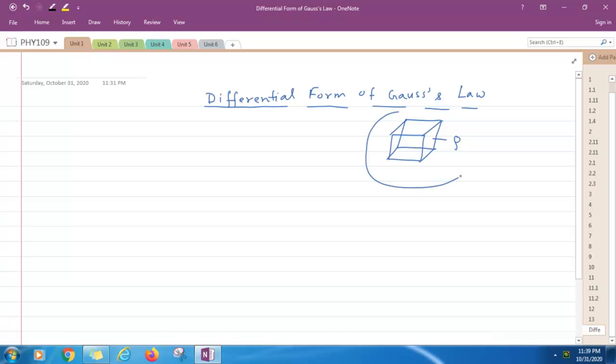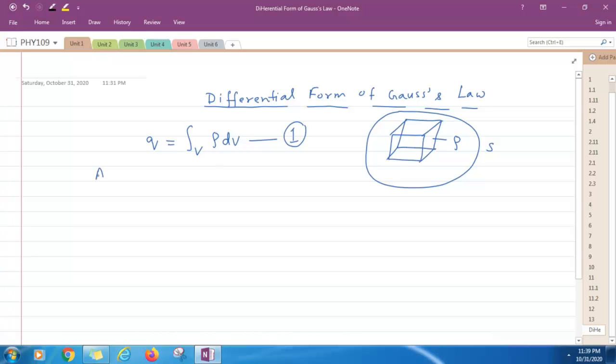Total charge enclosed by this surface S is given by Q is equal to volume integration rho dV. Let's suppose this is equation number 1.